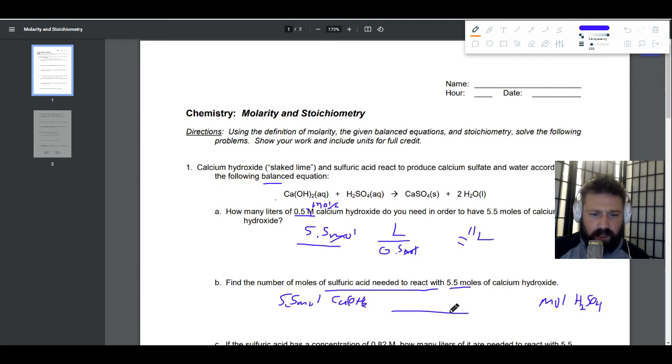The answer is using that molar ratio. In this case, it's just 1 to 1. So Ca(OH)2 goes down here, and sulfuric acid up here, and this will just be 1 and 1. Use these coefficients. It's a pretty straightforward math problem: just times 1 divided by 1. It'll give us 5.5 moles of H2SO4.